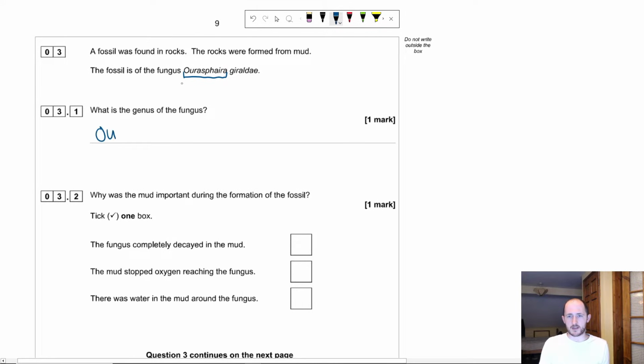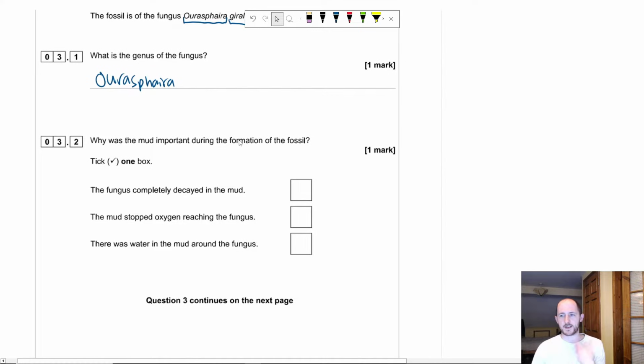So it tells you essentially what broad family of organisms it belongs to. And Ossifera, this here is the species name. So genus always comes first. It's like you're classifying it going downwards into more precise things.